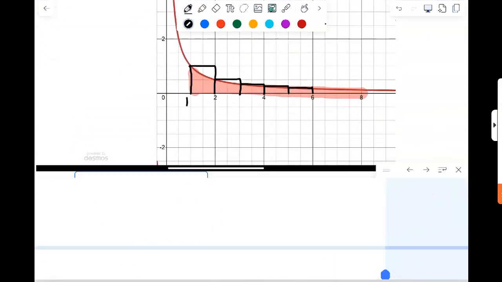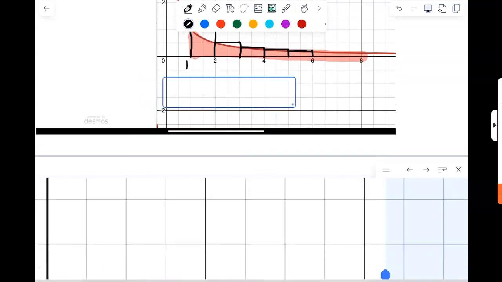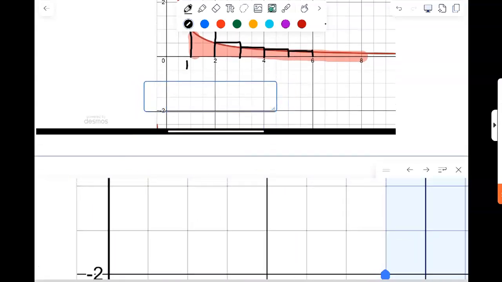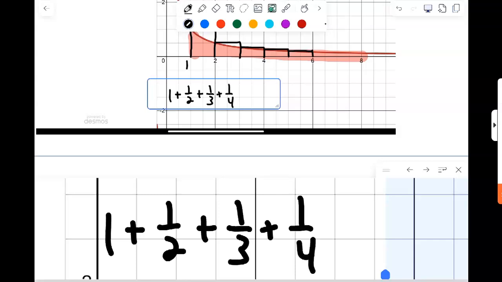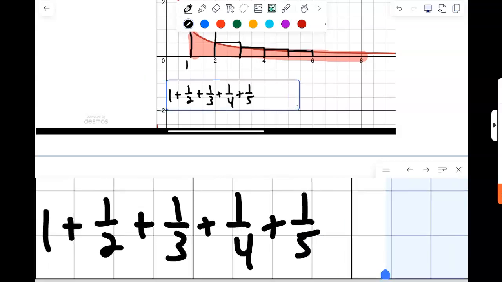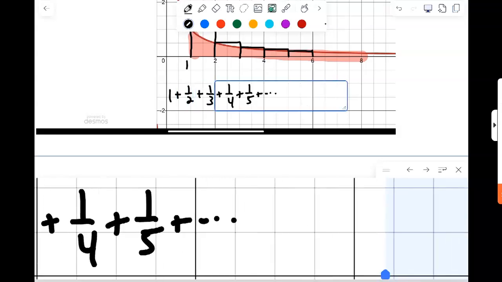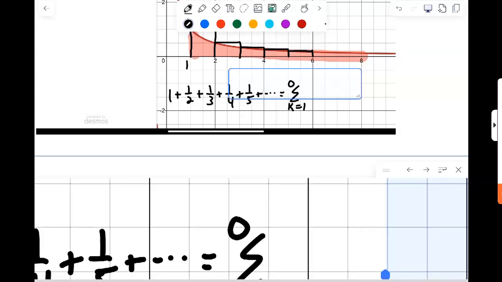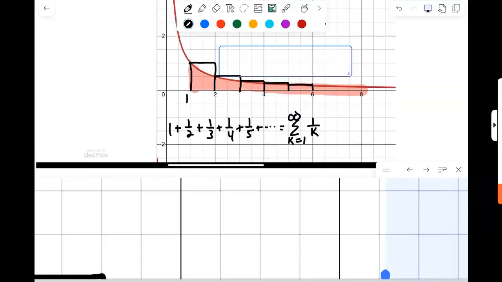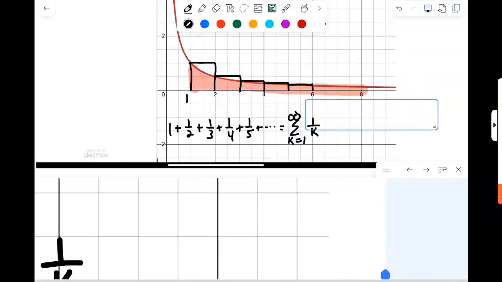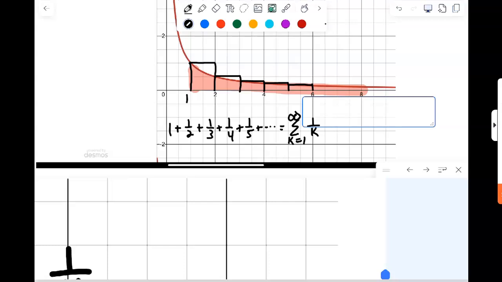So the first thing I want you to recognize is that when I'm adding up my terms here, 1 plus 1/2 plus 1/3 plus 1/4 plus 1/5 and so on, right? That's just the sum as k goes from 1 to infinity of 1 over k. And you can see that in those rectangles. That's what the area of those rectangles is.